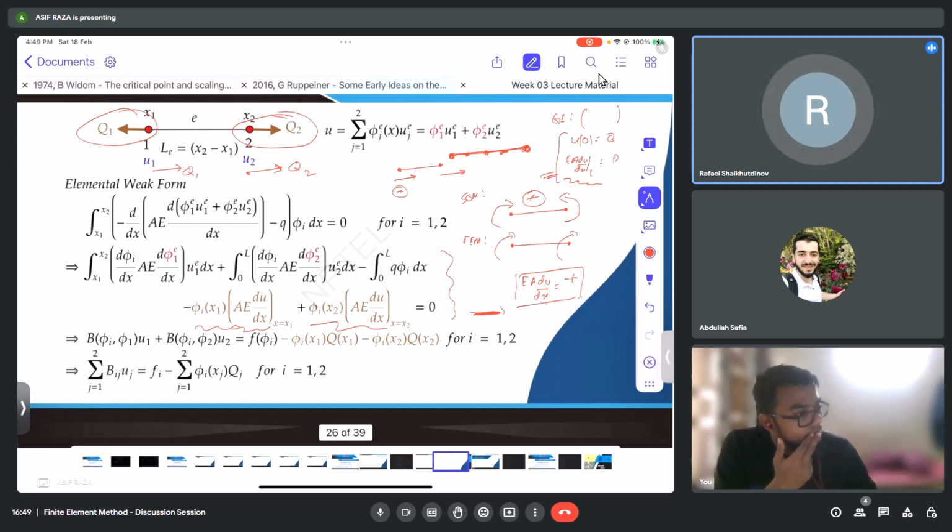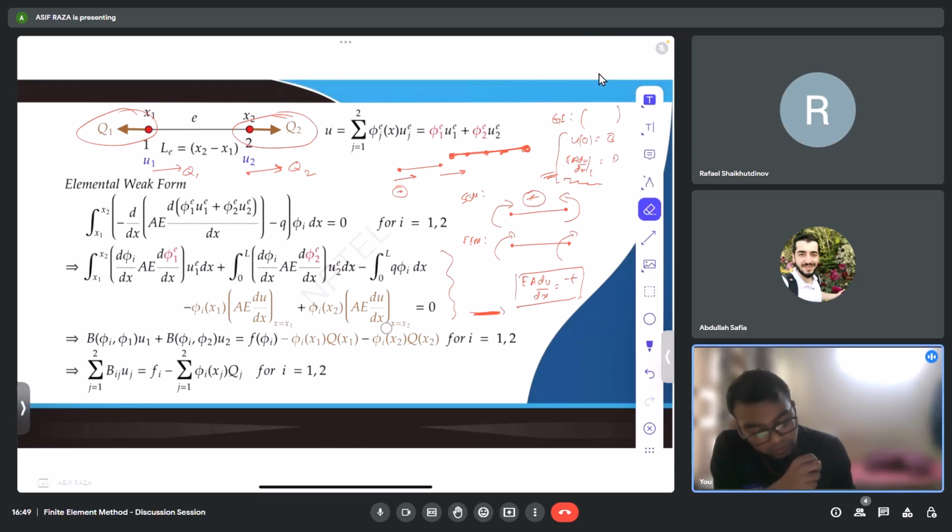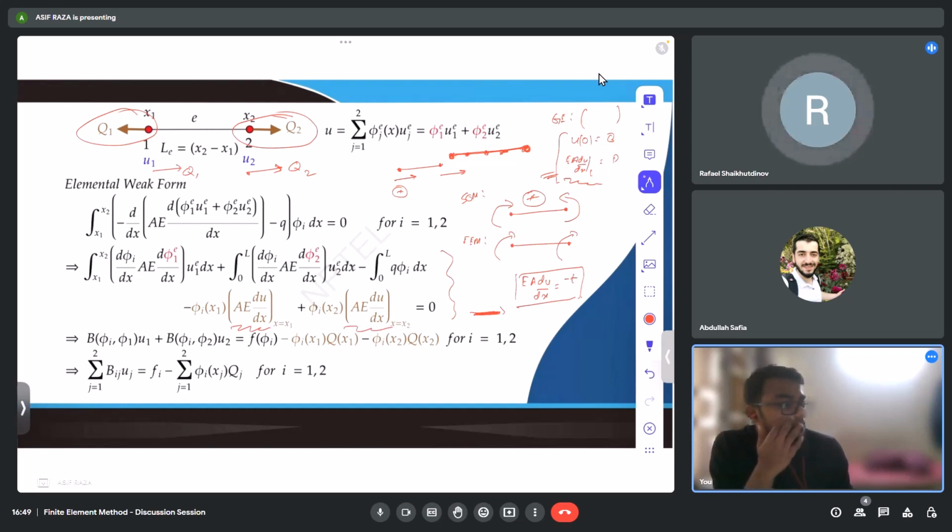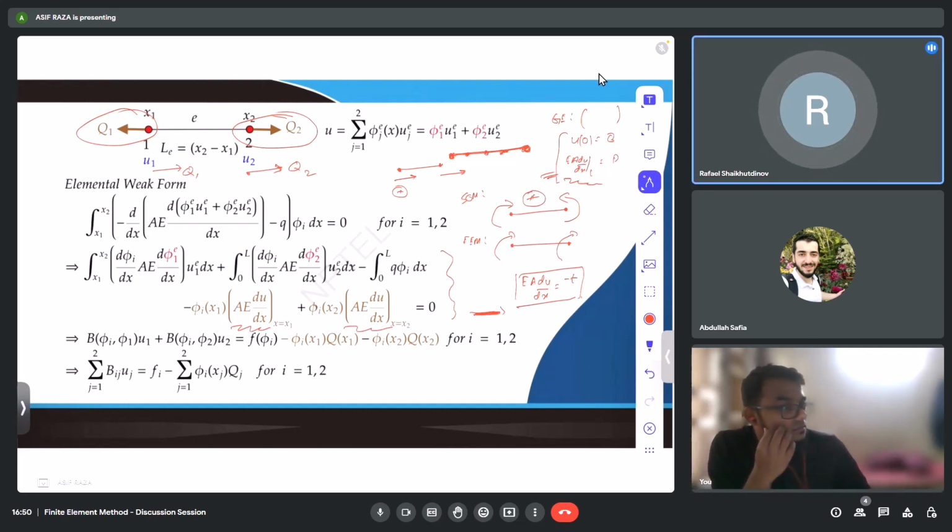I need to sleep on this, I believe. This part you are getting is actually the stress itself, right? This is the traction. Look, I don't understand. I feel I've missed something in the mechanical sense, because EA du/dx is the force if we consider this term.